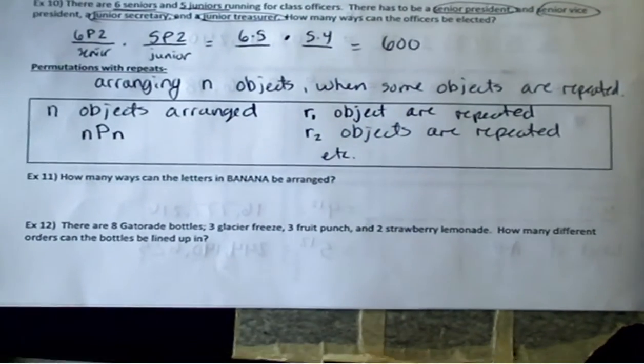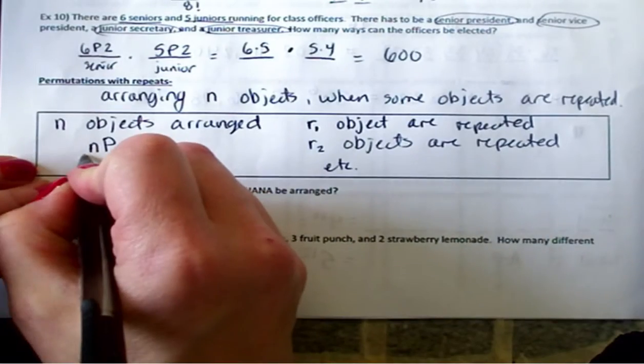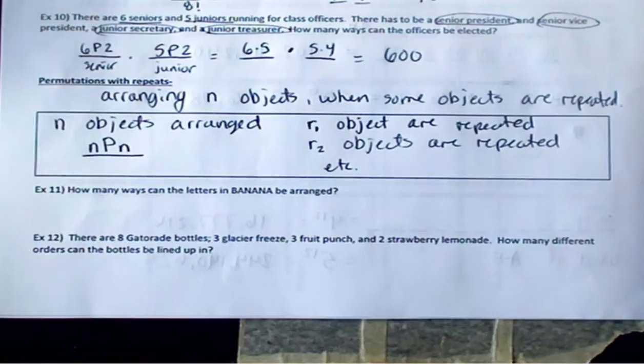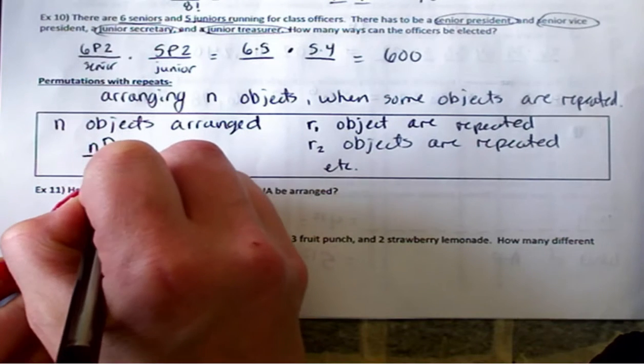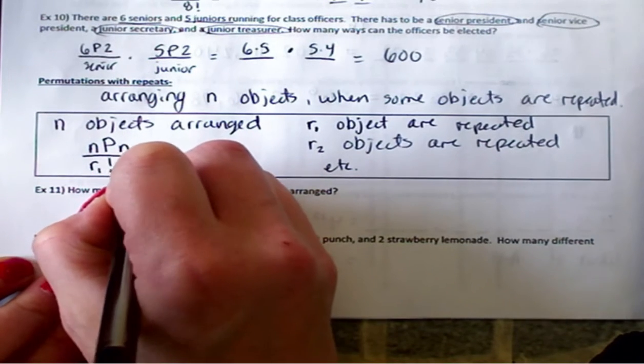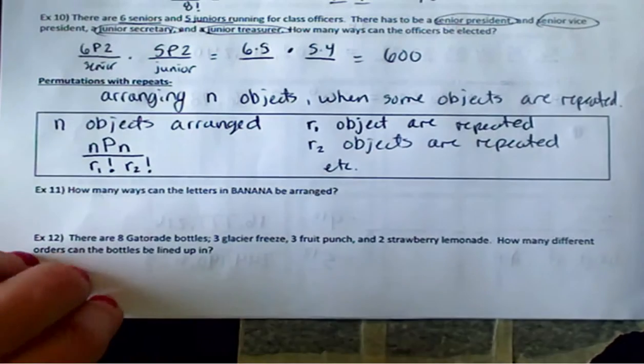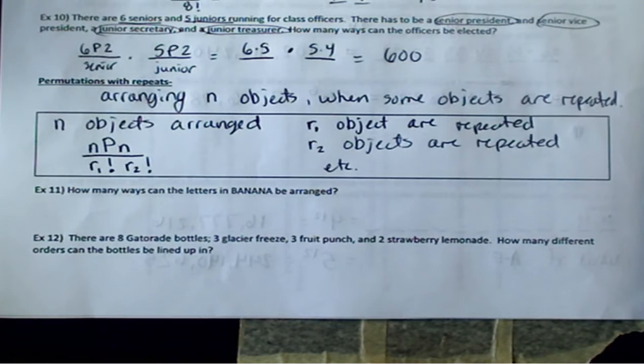What's going to happen is you have to divide by r sub 1 factorial, r sub 2 factorial. Formulas are a little tricky to understand until you see it working.